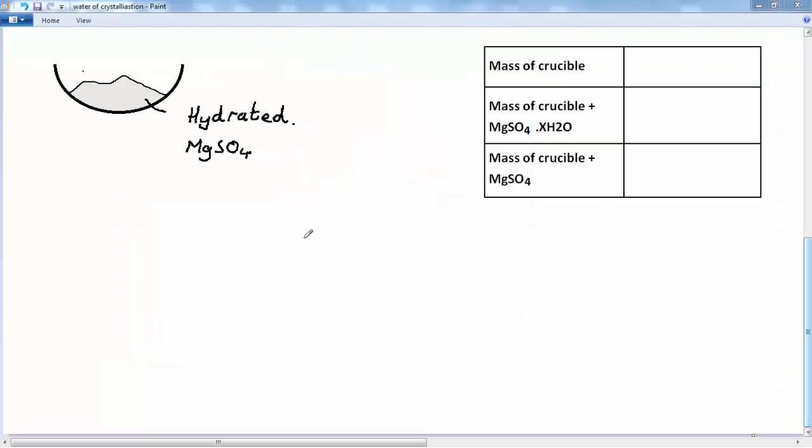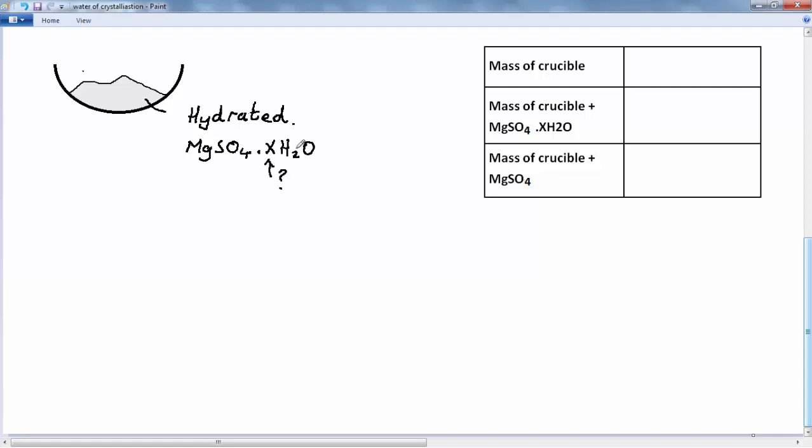Now, to finish off, we're just going to have a look at a typical exam problem on water of crystallization, and it would typically look like this. So we're told we've got some hydrated magnesium sulfate, MgSO4.XH2O. That's to say, you're told it's hydrated, but you're not told how many water molecules are present in the crystal, and it's this that we've got to find.